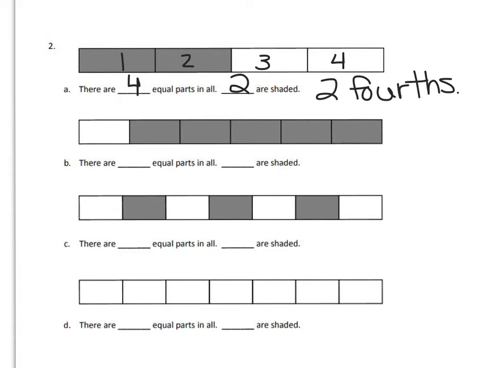For part B, there are blank equal parts in all. 1, 2, 3, 4, 5, 6. There are 6 equal parts in all. Blank are shaded. 1, 2, 3, 4, 5. 5 are shaded. And I could say 5/6 are shaded.